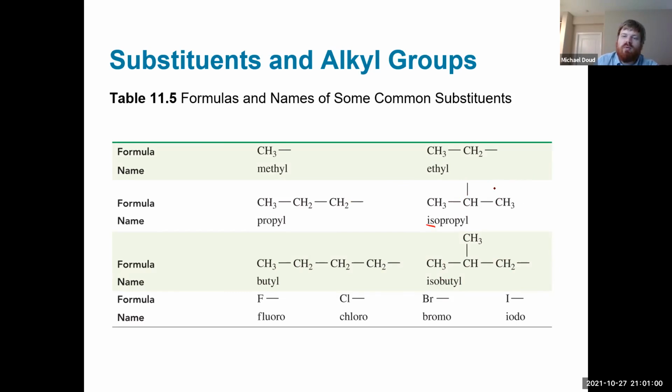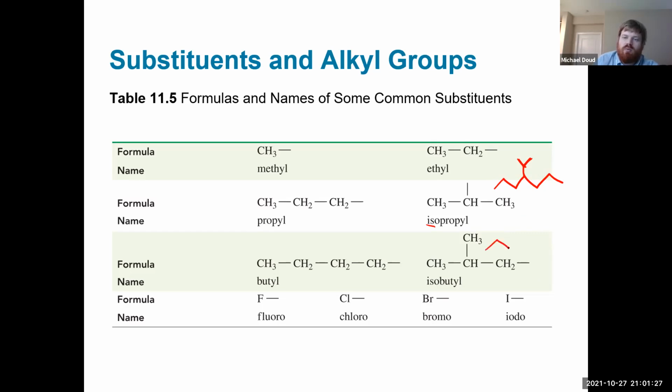So just to give you an example of an isopropyl group, let's look at a longer chain here. This is 1, 2, 3, 4, 5, 6, hexane. And we can imagine an isopropyl group coming off of this carbon here. And that would look like this. I think we have to add one more here just to be safe. But so an isopropyl group would look like this in line angle form.